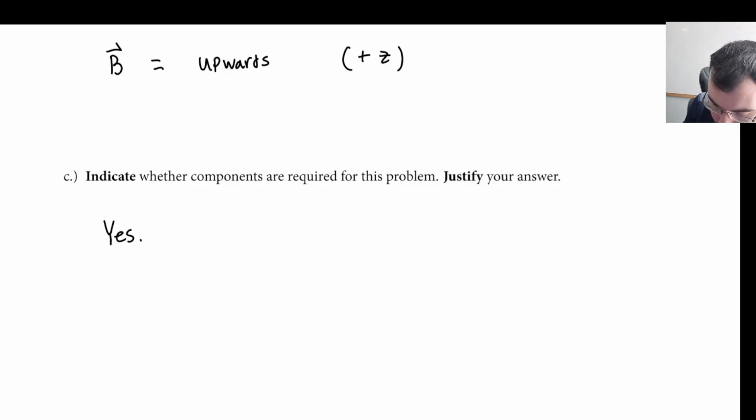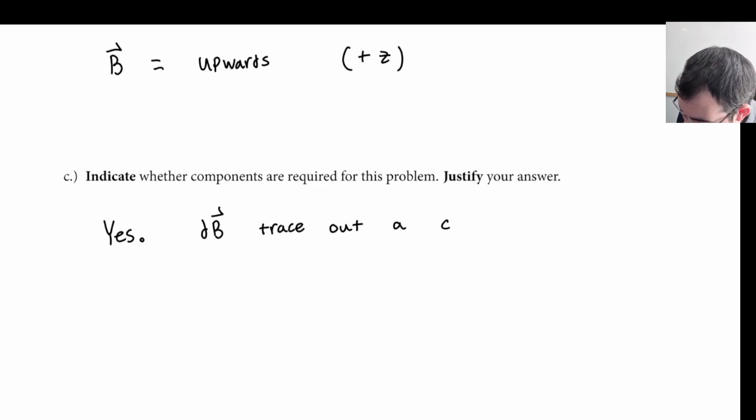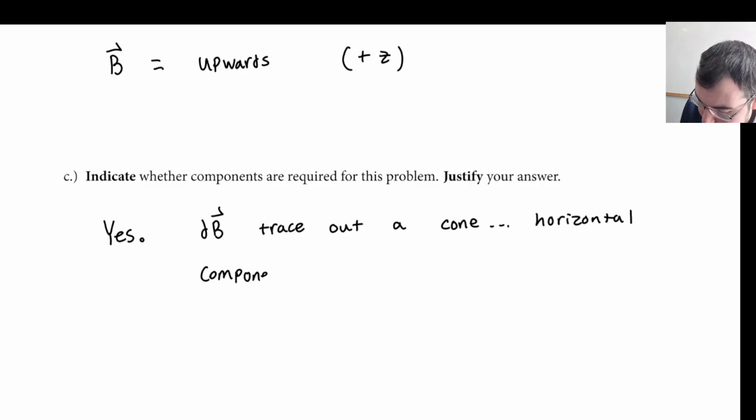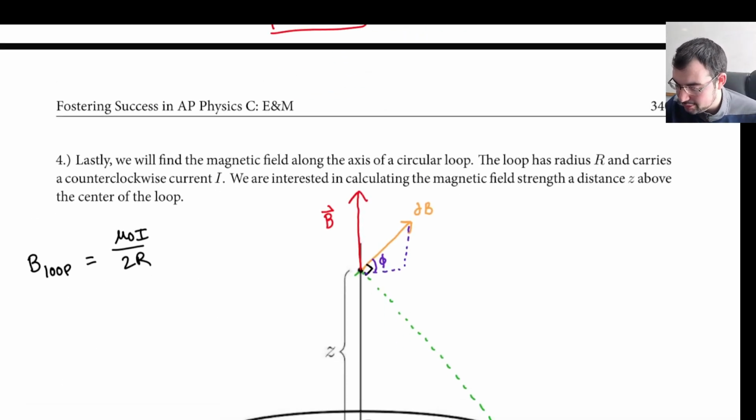Yes, because we see that the dBs trace out a cone, which means that the horizontal components cancel. So we actually will need a component maker. We've got to figure out where this angle goes.